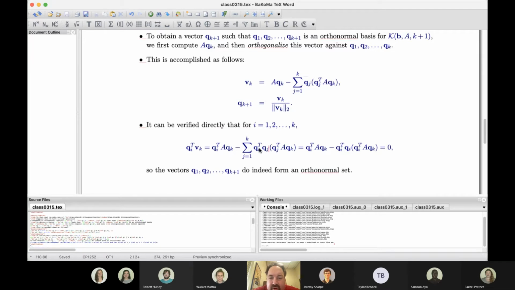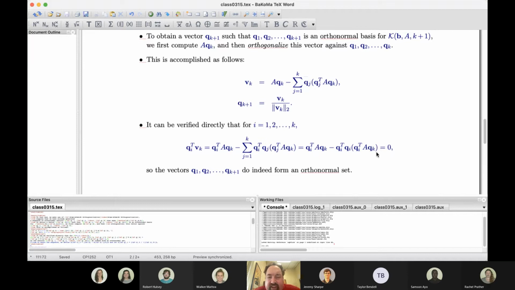But the q's are orthonormal, so this expression is going to be 0 unless i equals j. So I still have this term, and all the terms went away except where j equals i.